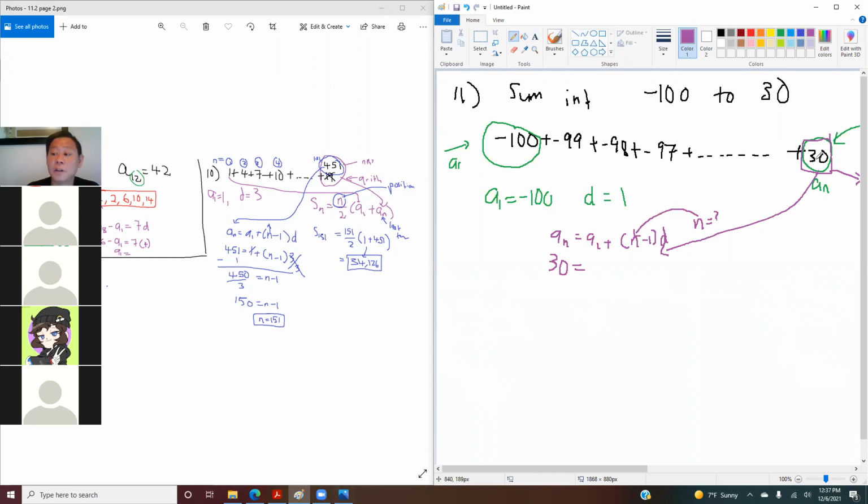So A_n is 30, A1 in this case is -100, plus n minus 1 times D, and D in this case is 1. So go ahead and solve for n for me here. What's n?